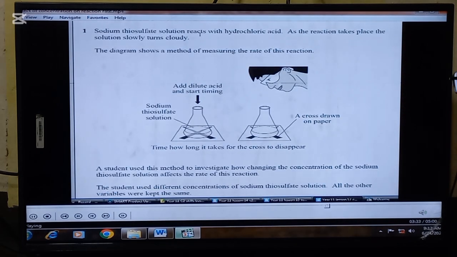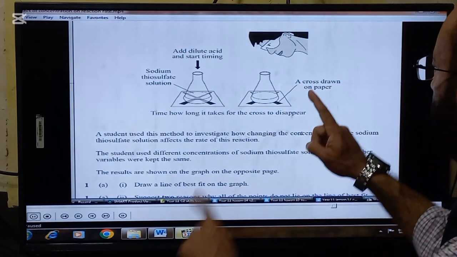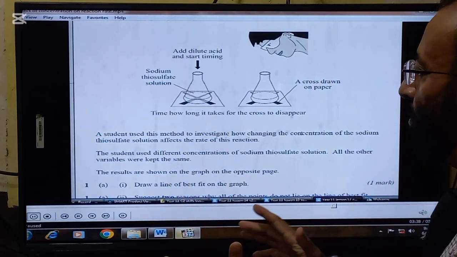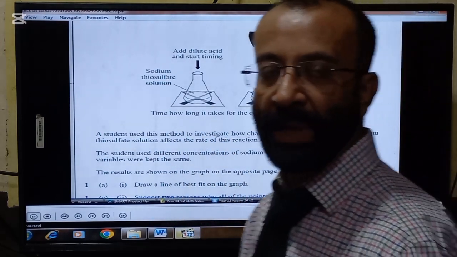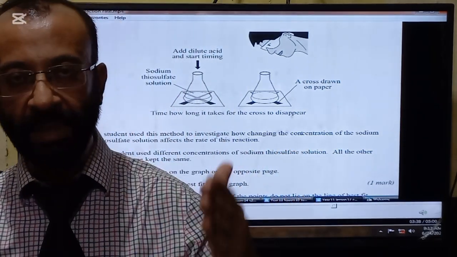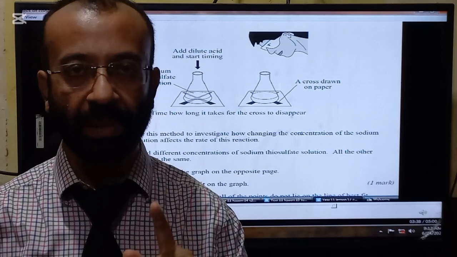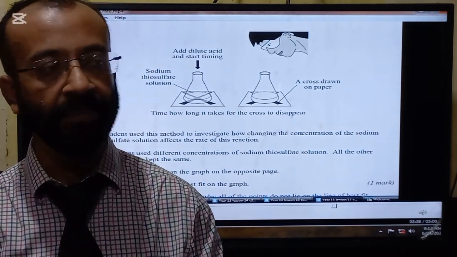I've got a question in this one, just a bit tricky. Here we've got the exam question. This is a sample question which you will see in paper number 4 of chemistry, or this question may also come in paper number 2 of chemistry as well.